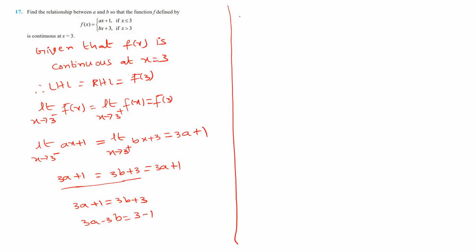Okay. So 3a minus 3b is equal to 2, since 3 minus 1 is 2 here. Now we need the relationship between a and b, so it can be written as 3a is equal to minus 3b, sending that to the other side, 2 plus 3b. Therefore, a is equal to (3b plus 2) divided by 3.